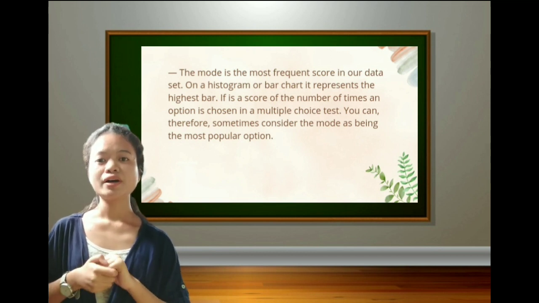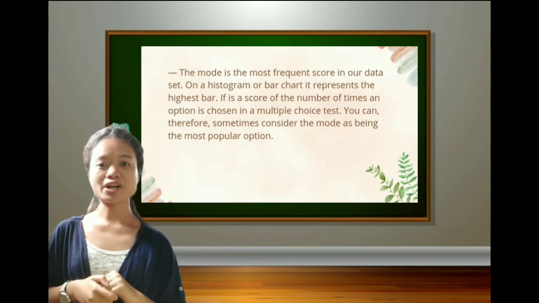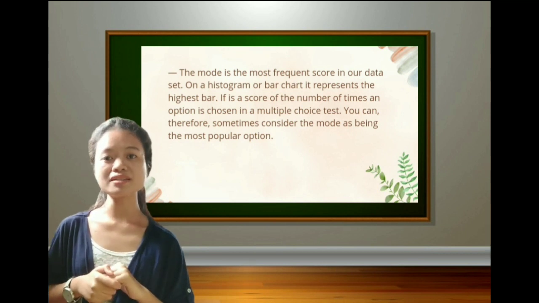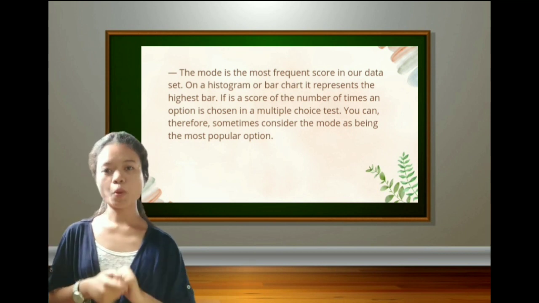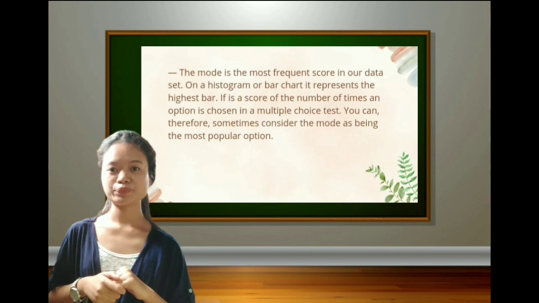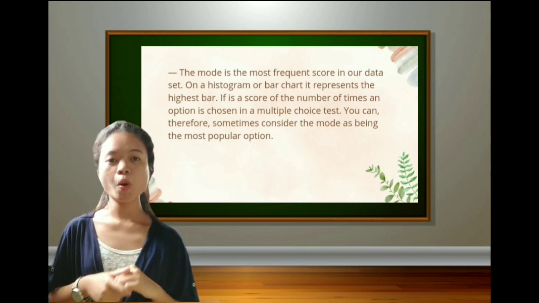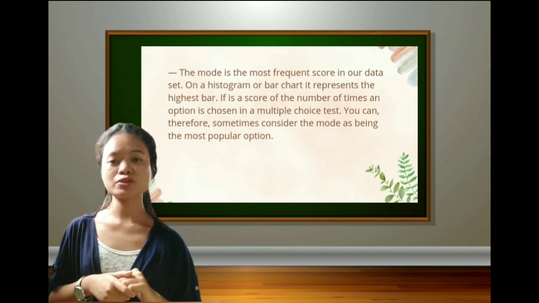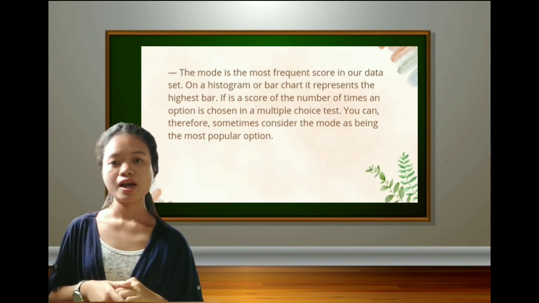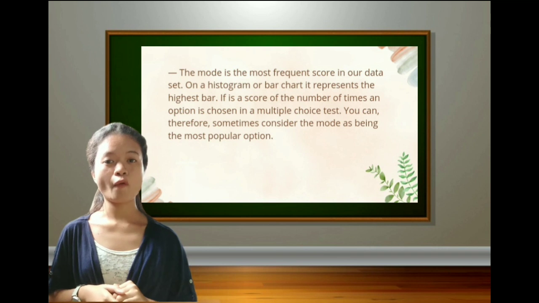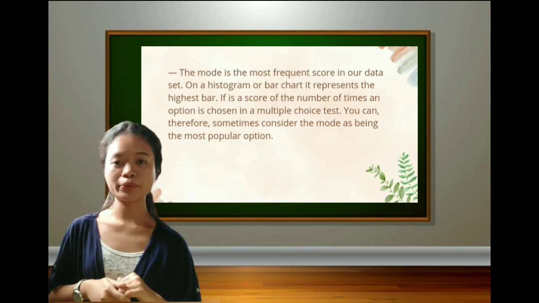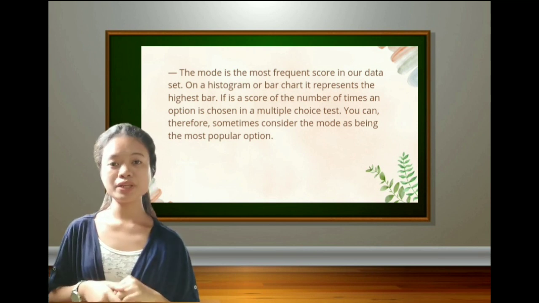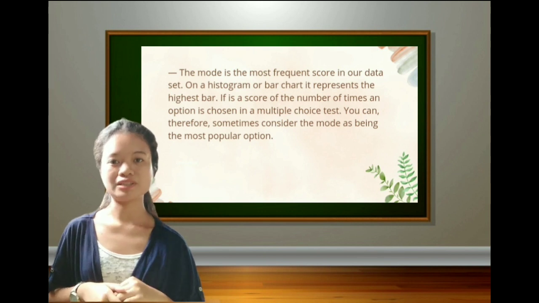So on a histogram or bar chart, it represents the highest score or the highest bar. So it is a score of the number of times an option is chosen in a multiple choice test. So you can therefore sometimes consider the mode as being the most popular option.